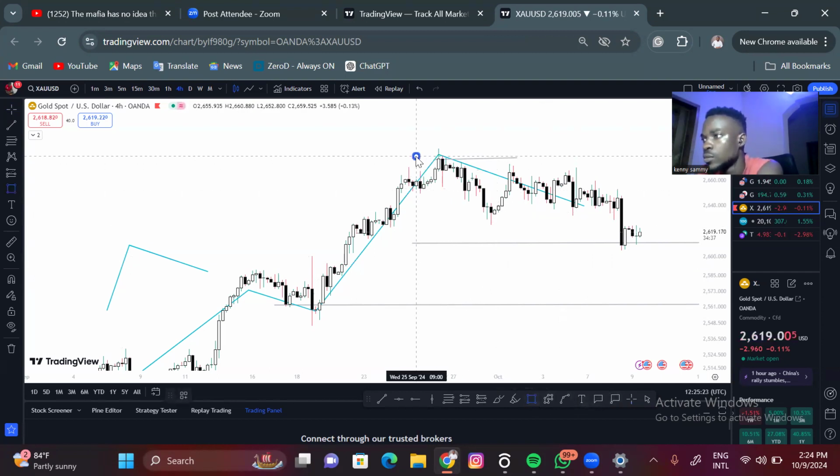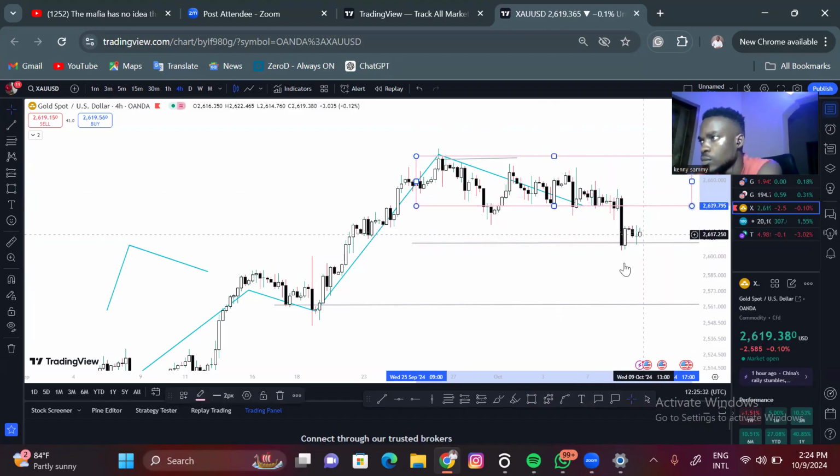We should be expecting a fall in price around this region, because if the price is coming back up, and let's say you get a break of whichever level, we should be expecting the price to still fall. Do you understand?